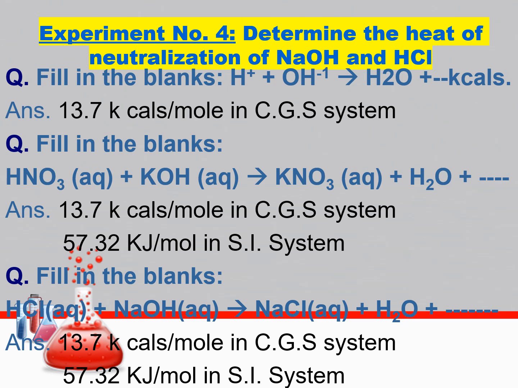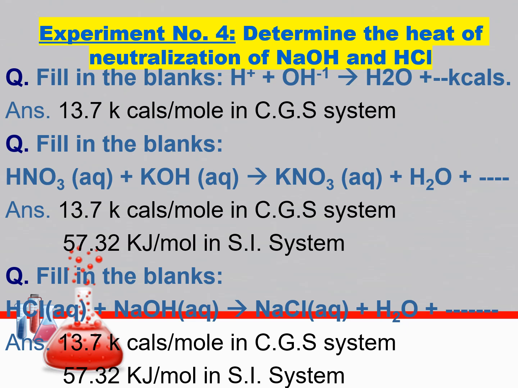Another question about another reaction, that is HCl react with the NaOH, arrow NaCl formed plus water and plus dash. This experiment which we performed in the laboratory, it is about NaOH and HCl. So same amount of the heat will produce because whenever strong acid react with a strong base, salt and water produce.